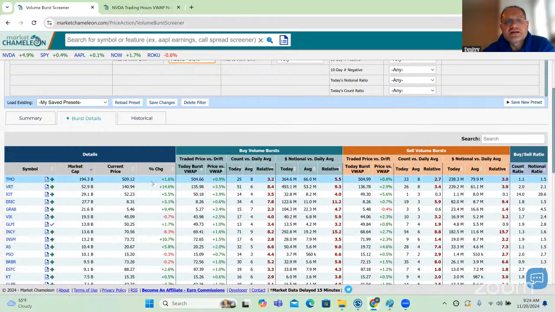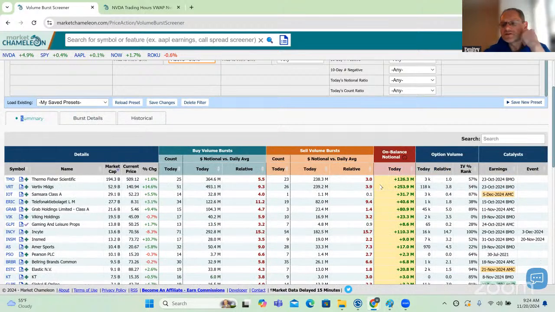So you can see that the stock is 509, but if we look at the buy volume burst, the VWAP price was 504.66, which indicates that the stock post that volume burst continued higher, right? That the liquidity was taken and then it was bid higher. So let's come back to this.